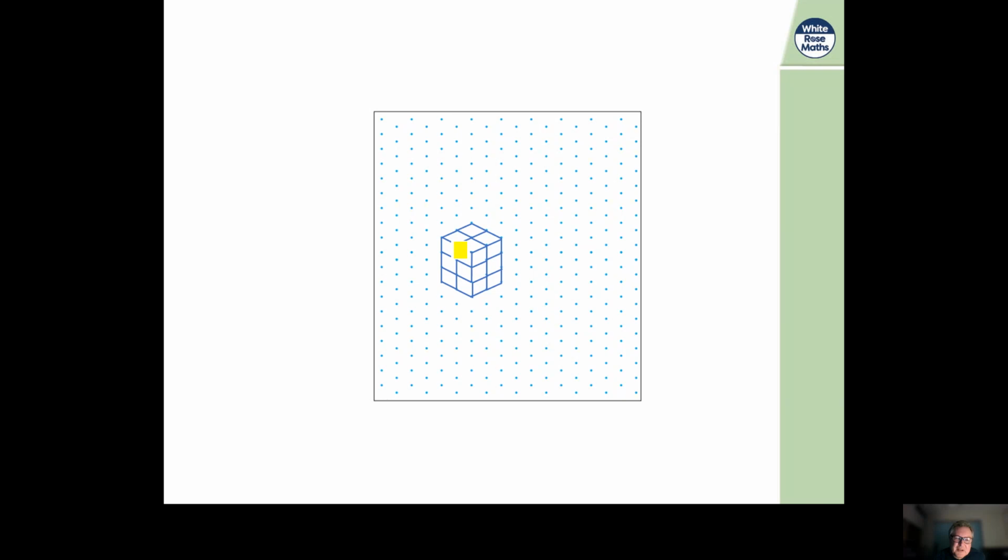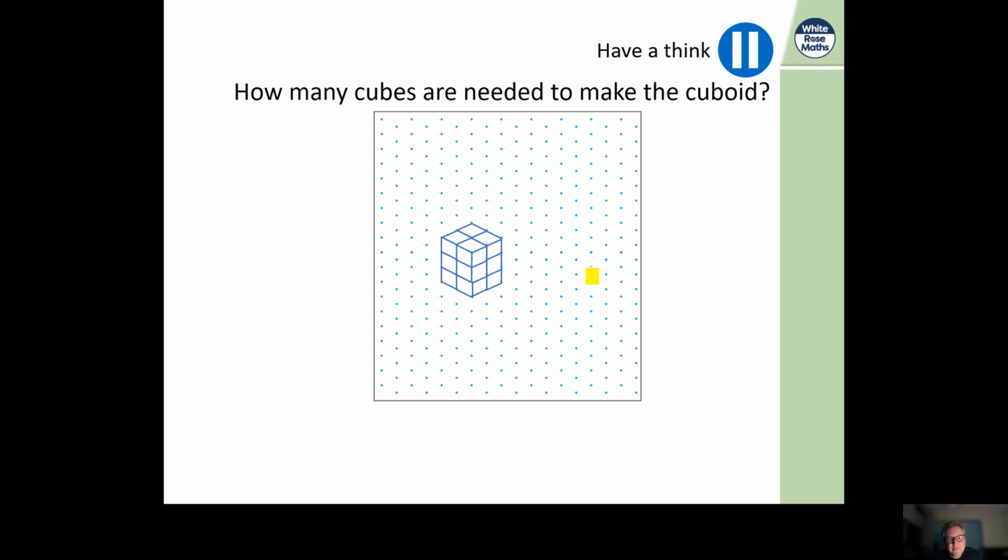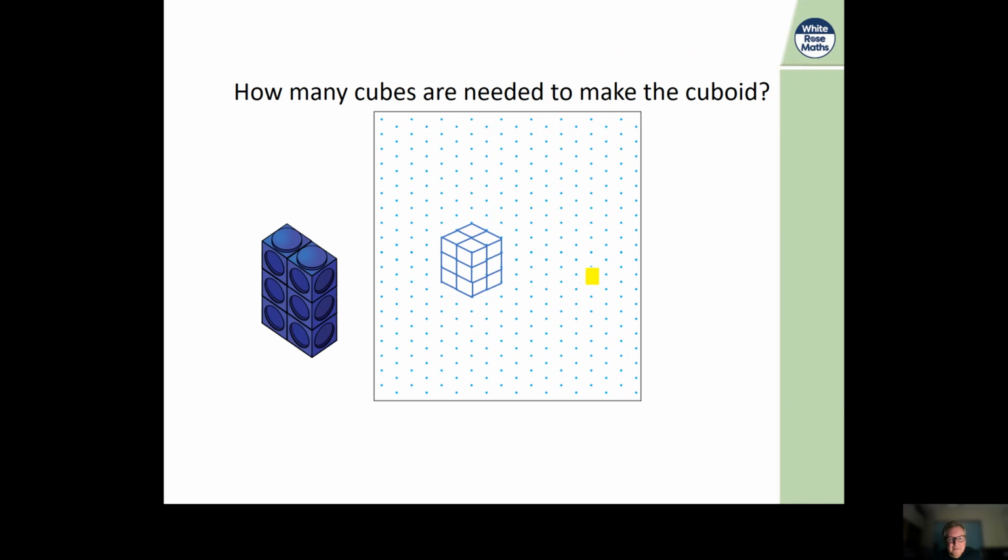Seems like each stack is 3. 1, 2, 3, 4. 4 stacks of 3, maybe? Okay, so let's build it up.